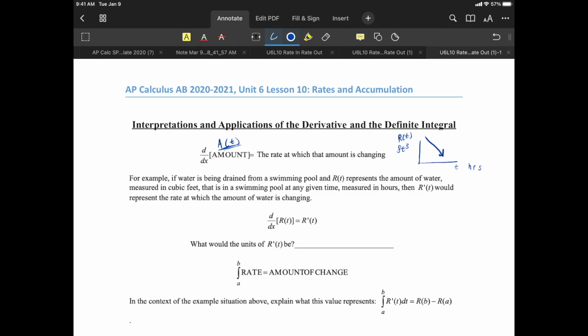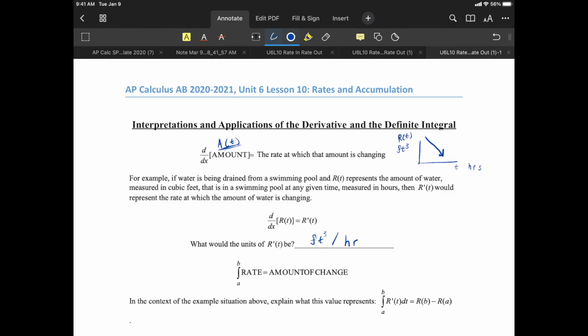So if I take the derivative, which is the slope of the tangent line, that slope's going to have a change in cubic feet divided by a change in hours. So the derivative of how much water is in the pool is how fast water is leaving the pool, in cubic feet per hour.